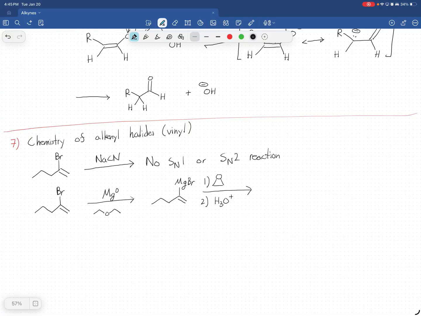So let's use an epoxide. And here we're going to use our ether solvent, diethyl ether. What happens is that this Grignard reaction will form this product. Remember, this bond is what's being connected.